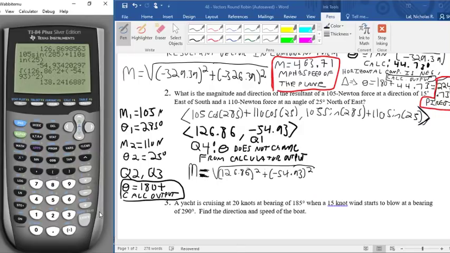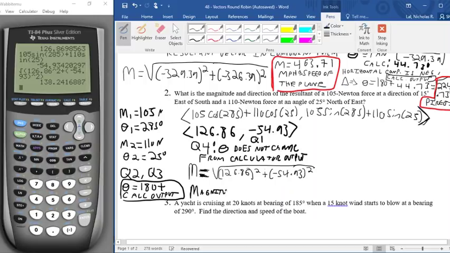That's going to give us a value of 138.24. So our magnitude is going to be equal to 138.24 newtons.